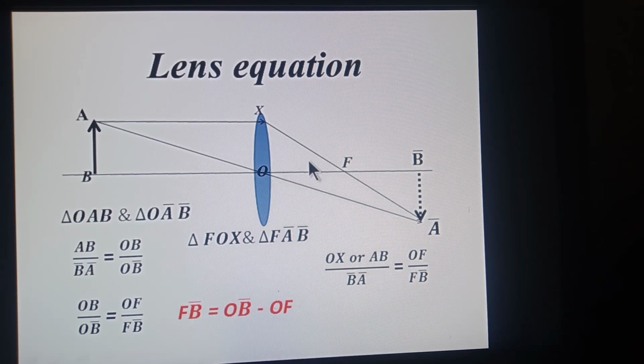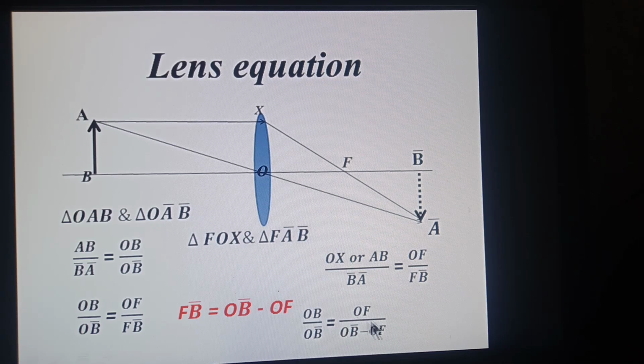What we did? OB prime, this total distance, and we subtracted OF, this distance, from this total distance. So we obtained this distance by subtracting this smaller distance from this larger distance. Replacing the value of FB prime here, the equation gets this form. OB over OB prime equals OF over OB prime minus OF.